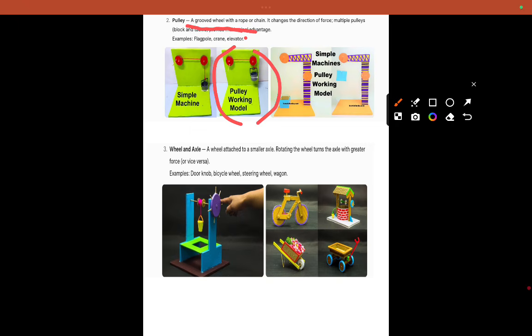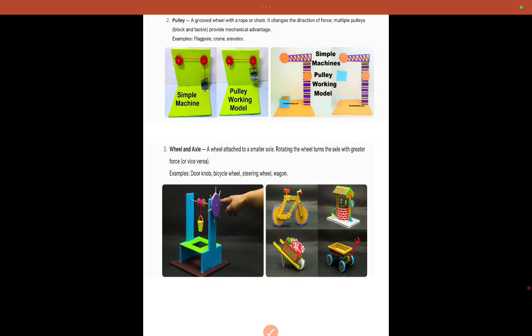Multiple pulleys help in increasing mechanical advantage. What are the examples of pulley? Flag pole, crane, elevator. Even an elevator is an example of the pulley.